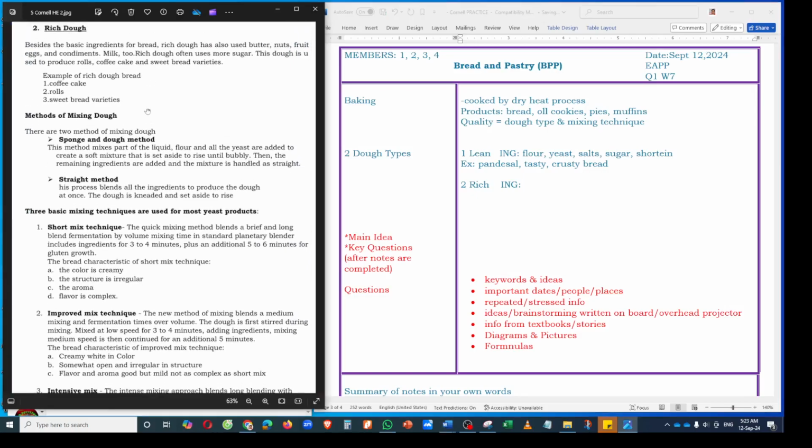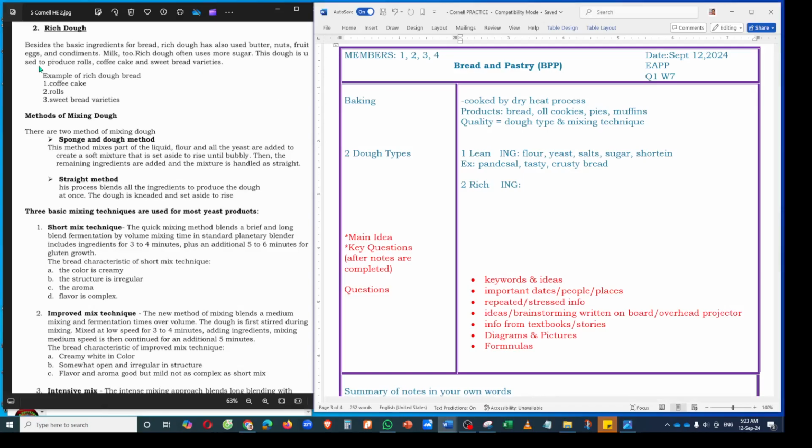Besides the basic ingredient for bread, rich dough has also used butter, nuts, fruits, eggs, and condiments. Milk too. Rich dough often uses more sugar. This dough is used to produce rolls, coffee cake, sweet bread varieties.